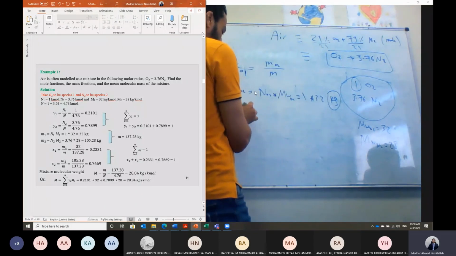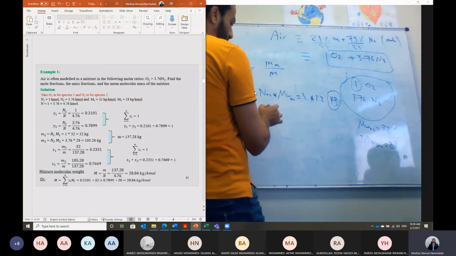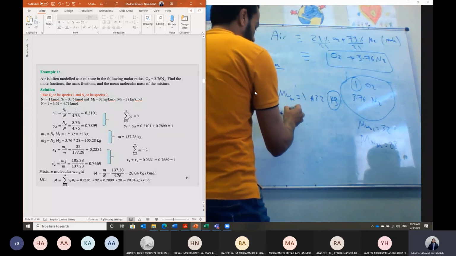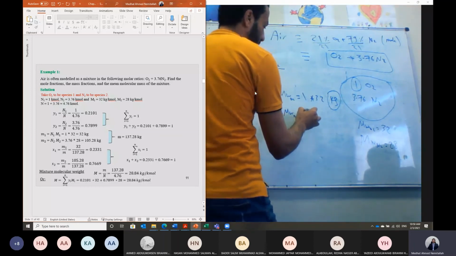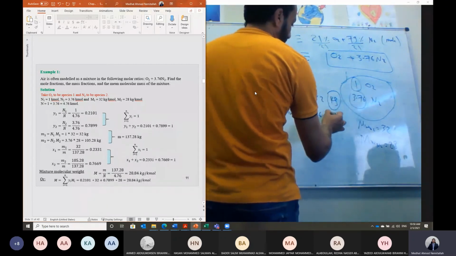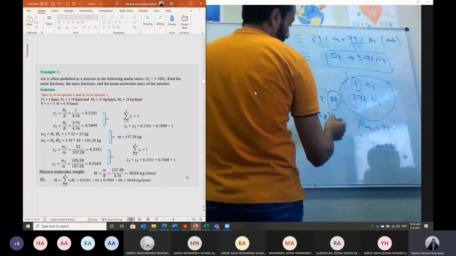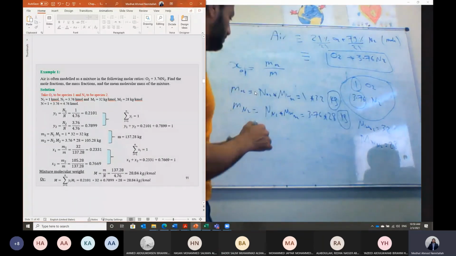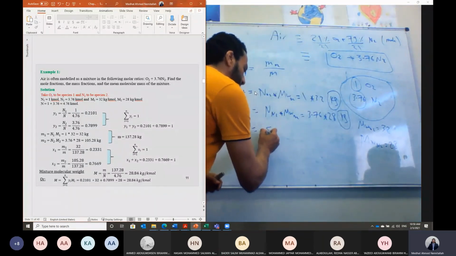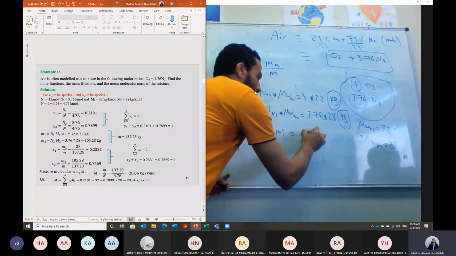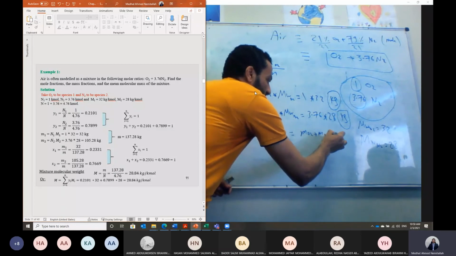Like this, the mass of N2 is equal to its number of moles multiplied by its molecular weight. The number of moles is given as 3.76 multiplied by 28. You can calculate this number, which will be in kilograms as well. And the total mass is the summation of all masses, the summation of mi, which is the mass of O2 plus the mass of N2.